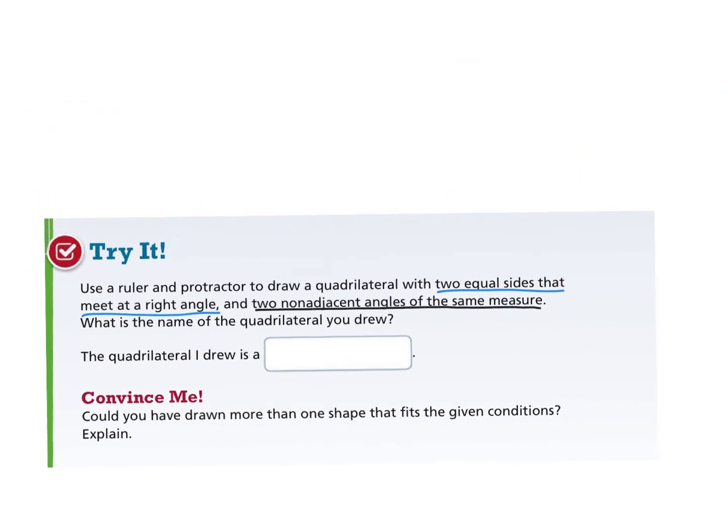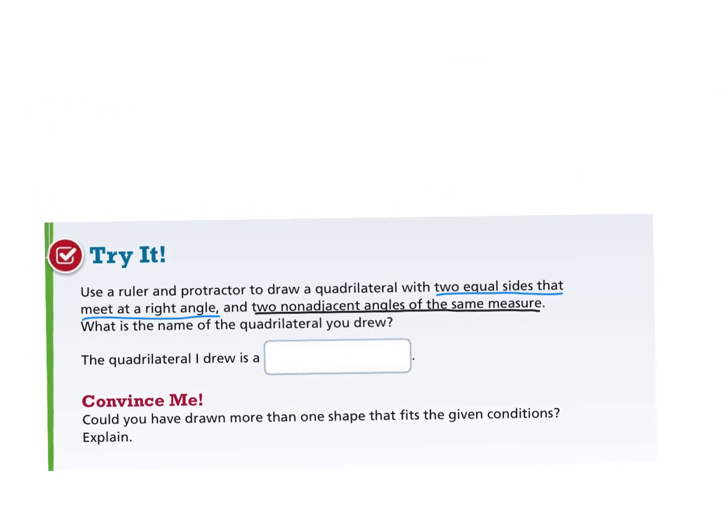All right, so before we do this, we need to talk about non-adjacent angles. We'll get a definition for non-adjacent.